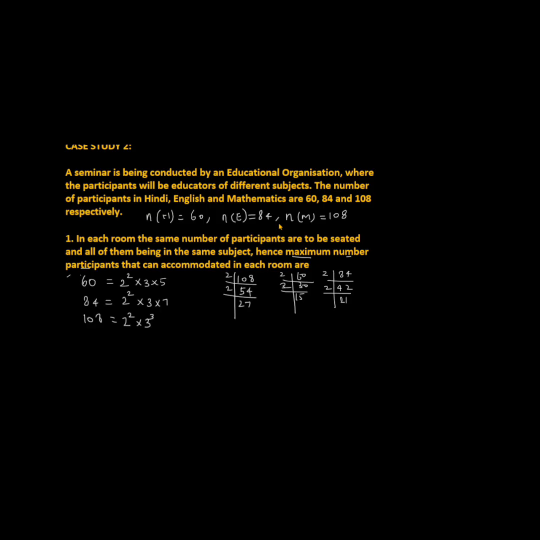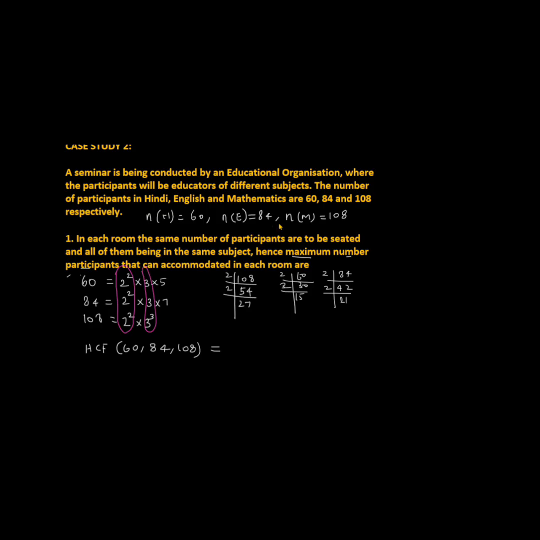Now when we are arranging this, we have to find the HCF of all the three numbers 60, 84, 108. Take the common factors with the least power. 2 is common, and all the 2s have the same power, so 2 squared. 3 is also common, but with two different powers, 3 and 3 cubed.